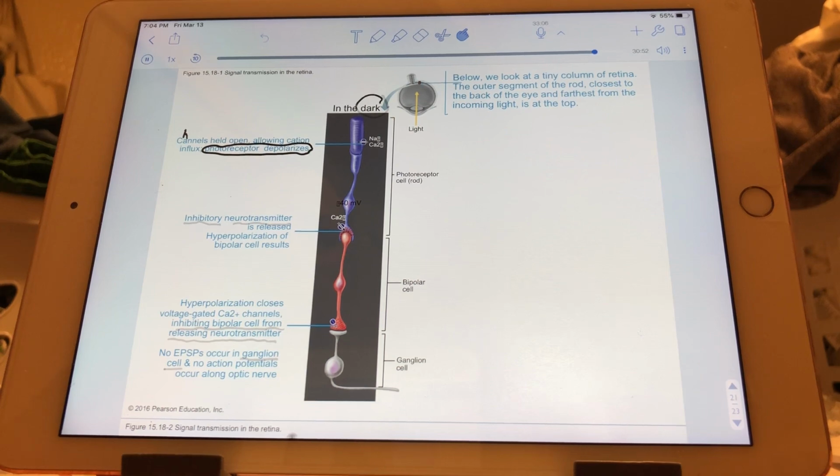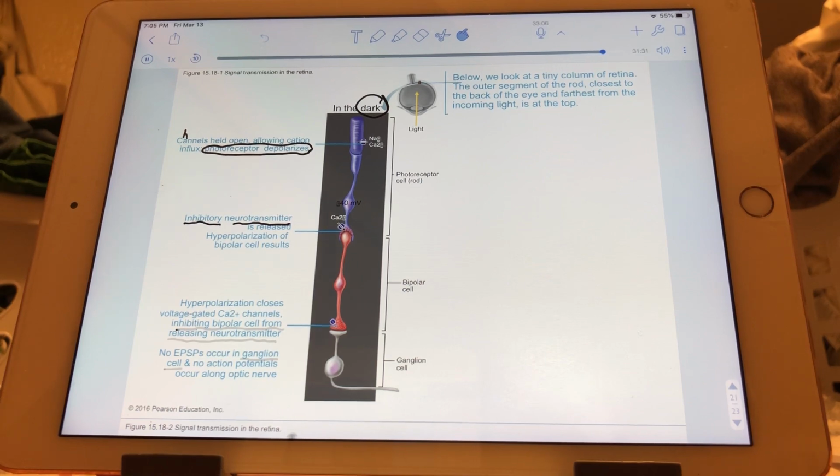And again, we're in the dark. Okay? That photoreceptor is going to generate an inhibitory graded potential, and therefore it is going to secrete inhibitory neurotransmitter. It releases that inhibitory neurotransmitter into the synaptic cleft between it and its associated bipolar cell, and therefore inhibits the action of that bipolar cell.